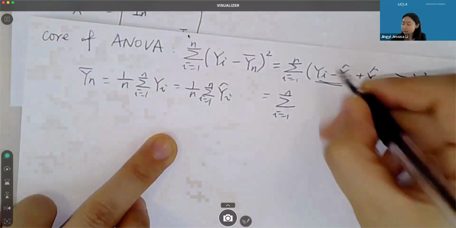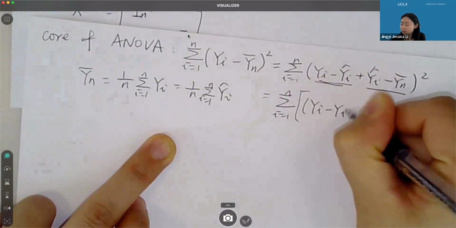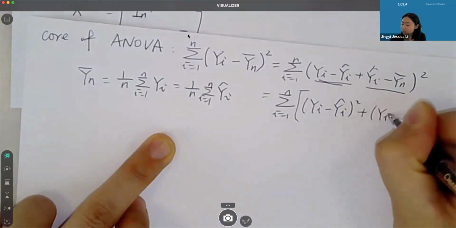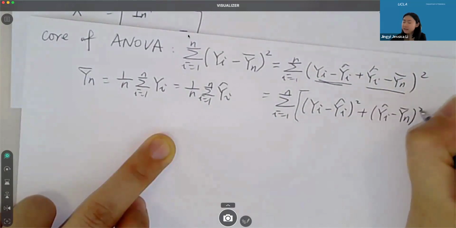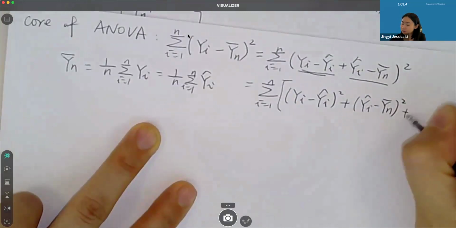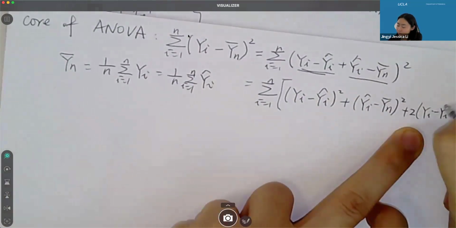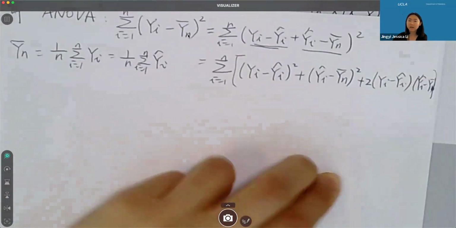And then you will actually have it as, let me just write one more step, the sum of yi minus yi hat squared plus yi hat minus y bar squared, and the cross term 2 times yi minus yi hat times yi hat minus y bar. Okay, so that's the cross term.